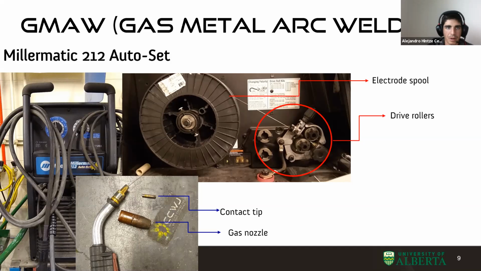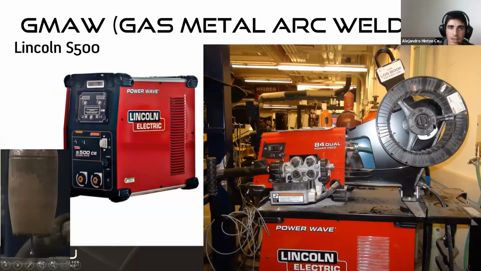Then for the experiments that I'll show you in a few slides, we use this machine, which is a much more sophisticated power source. It's a Lincoln power source. The power source itself is the one that you see underneath the feeder. In this case, you have the feeder and the power source detached, one on top of the other.